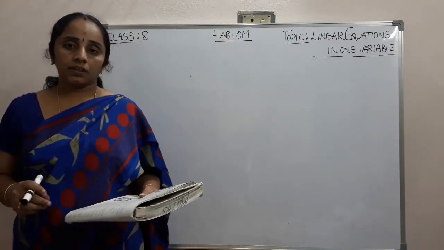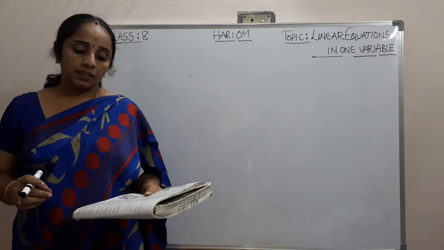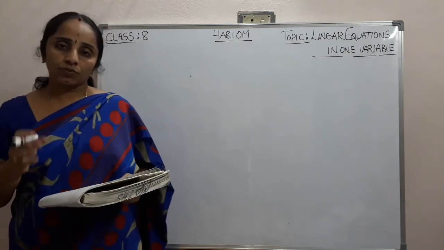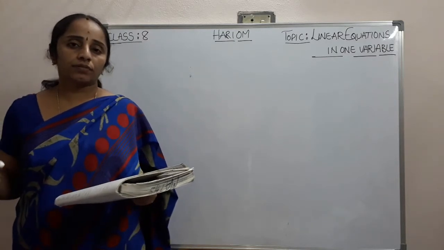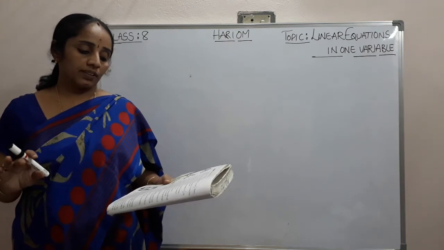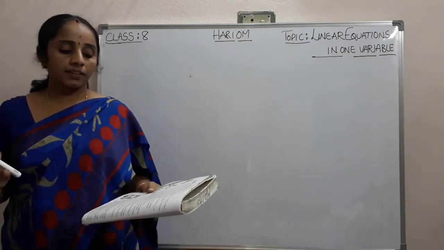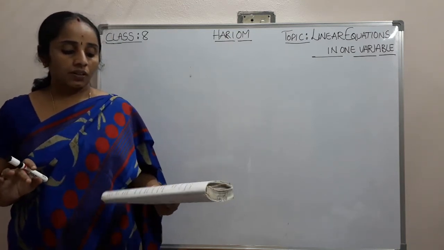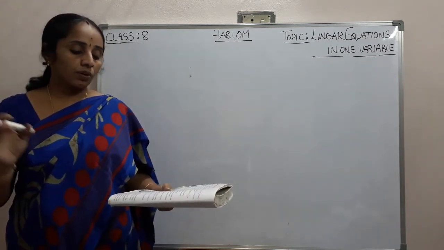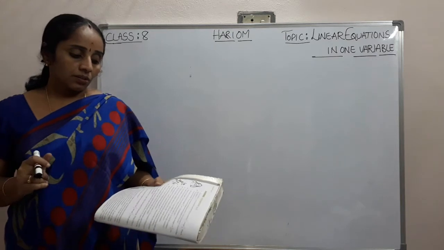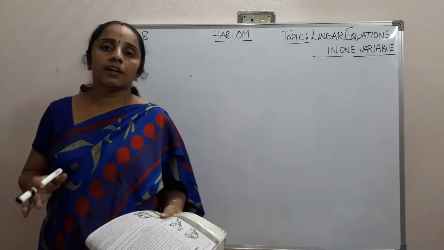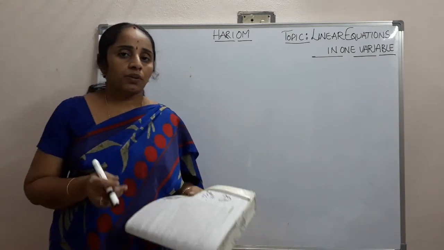Here we have one problem, that is ages related with a boy, his father and his grandfather. The father is 26 years younger than the grandfather, and 29 years older than the boy.